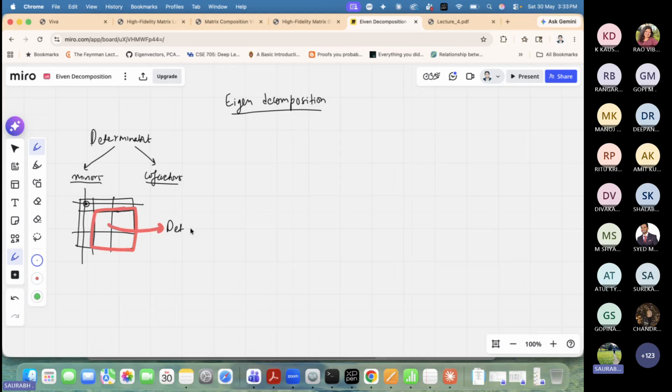Once you find the determinant of this 2 cross 2 matrix, that is called a minor. And cofactor is written like this: Cij is equal to minus 1 to the power i plus j times Mij. So it just gives a positive or negative sign to whatever minor you have computed.